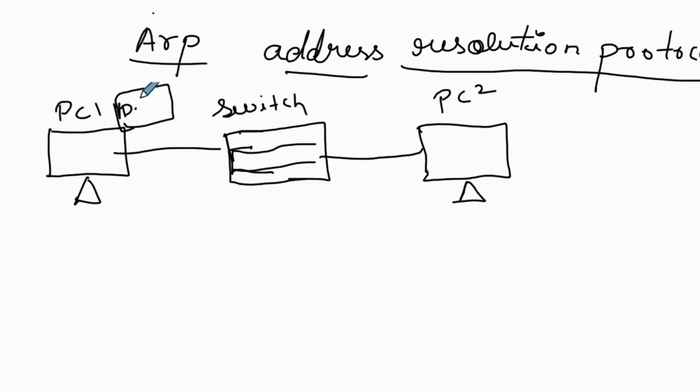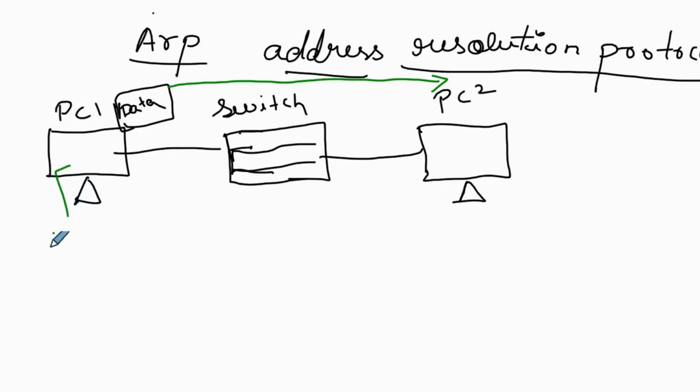From PC1, this data wants to travel via a switch and it has to reach this PC2. So now, what will our PC1 do?